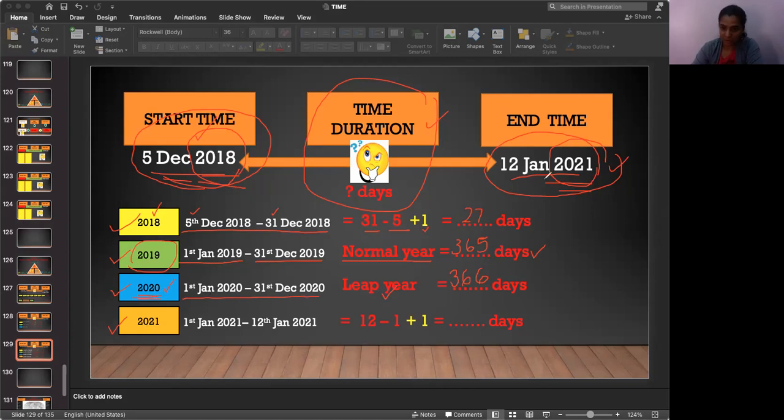Now coming to the year 2021, we want how many days there are from the 1st to the 12th? Obviously, it's just 12 days. So take the last date minus the first date and plus 1, you would still end up with 12. Now, to find the number of days, all we need to do is find the grand total of all these numbers. So 7 plus 5 would be 12, 12 plus 6 would be 18, 18 plus 2 would be 20.